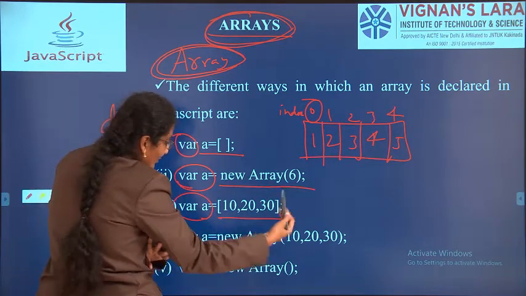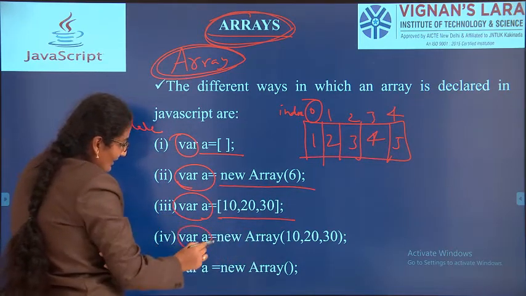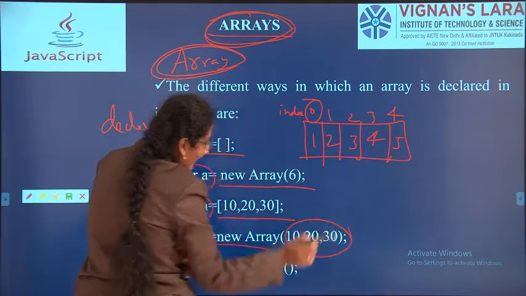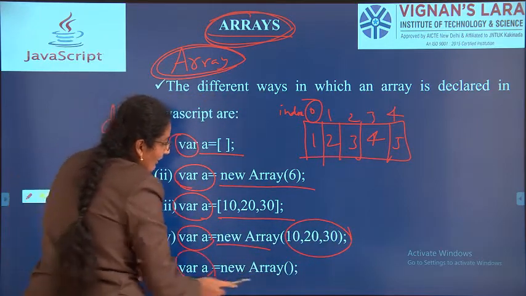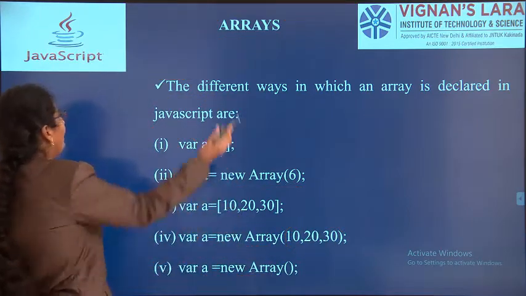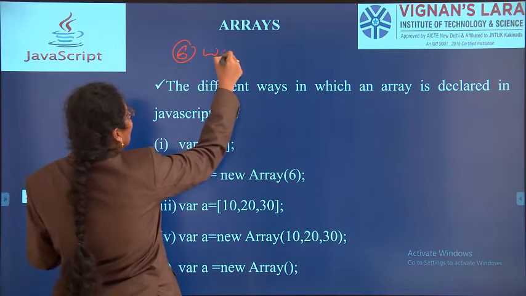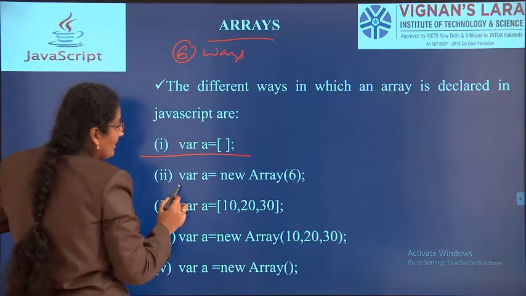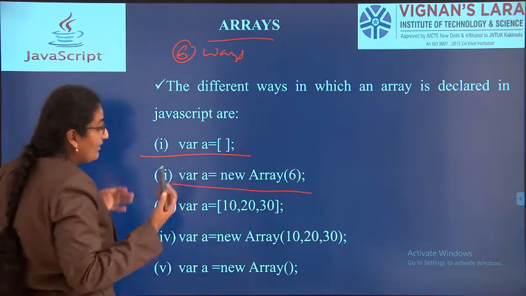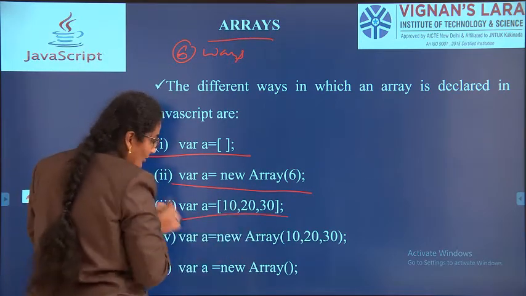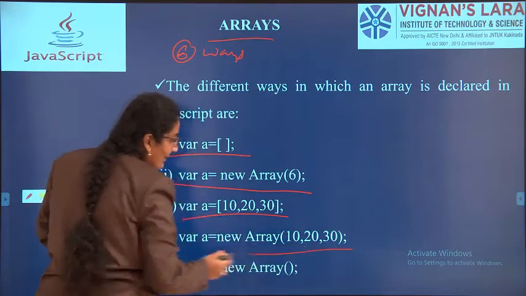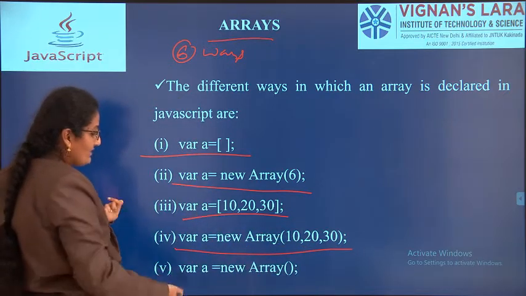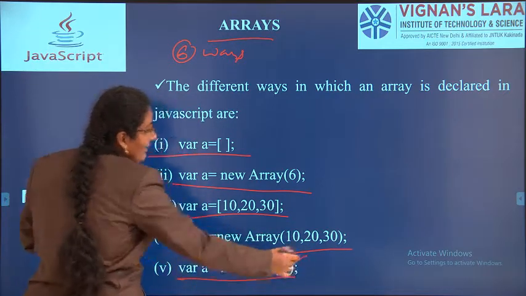Variable A with 10, 20, 30 as array. Variable A, new array with 10, 20, 30 as elements. Variable A equal to new array. You have 6 different ways to declare arrays in JavaScript. Like this you can declare, or giving like this you can declare. At a time you can give the values also. You can use different types of brackets. Or otherwise first you can declare the array and then give the size.